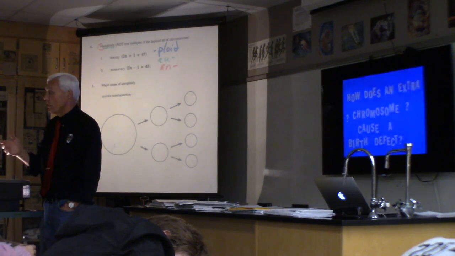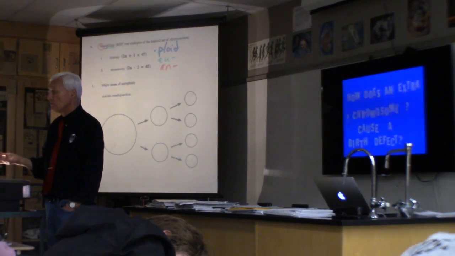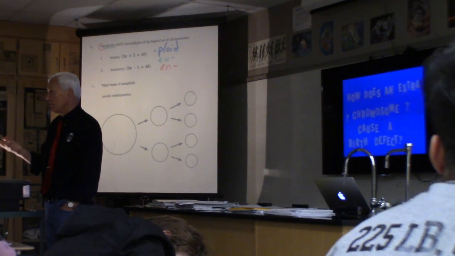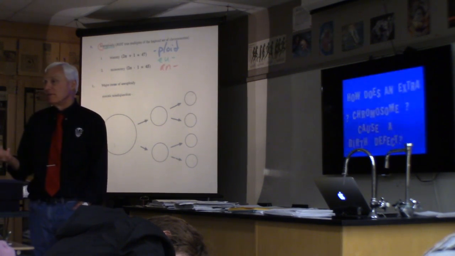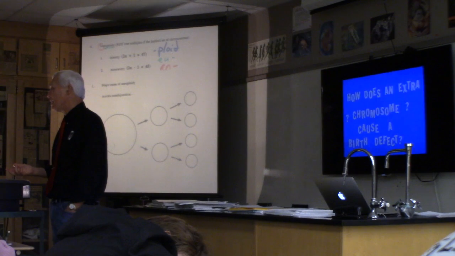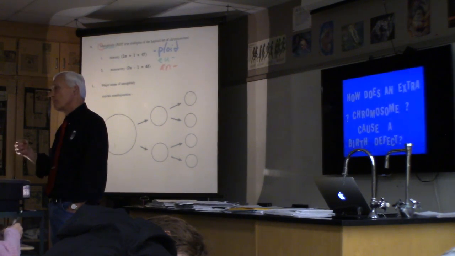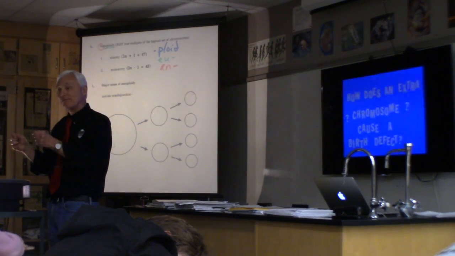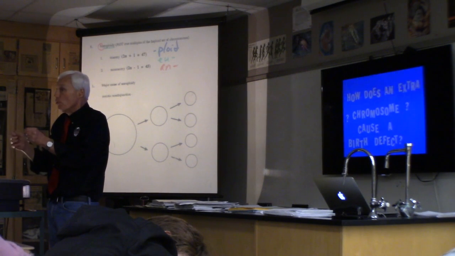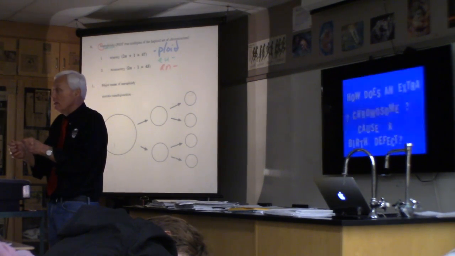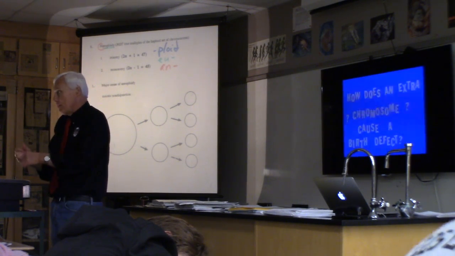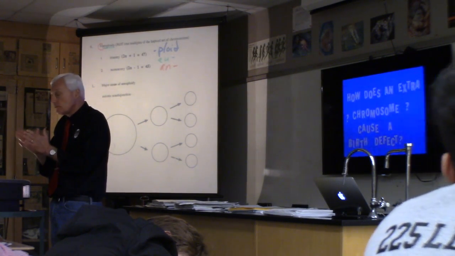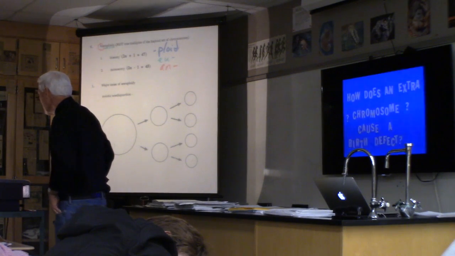Eggs and sperm that are either missing a chromosome or have an extra chromosome. So when you go to produce a child, you hope and pray that it's a good egg and a good sperm that get together. The odds are in your favor, but it's a mistake in meiosis that can happen to anybody, anytime. It doesn't run in families at all.